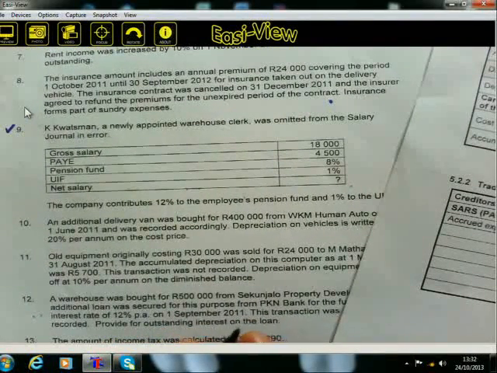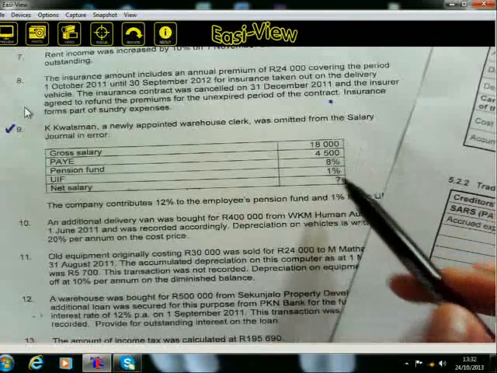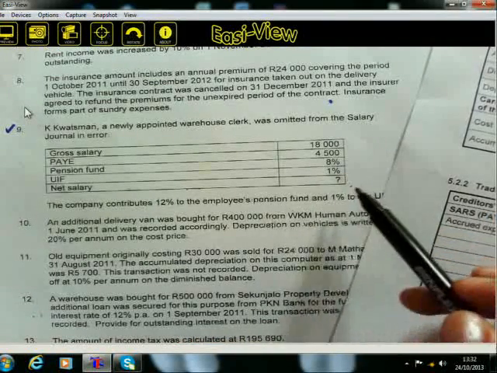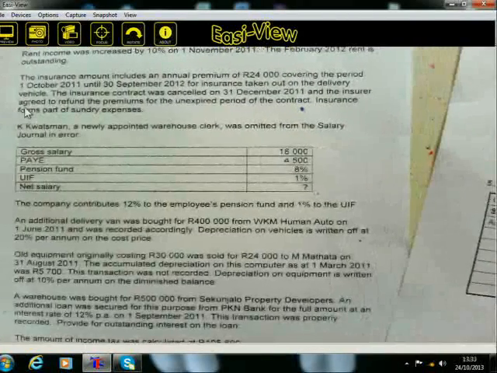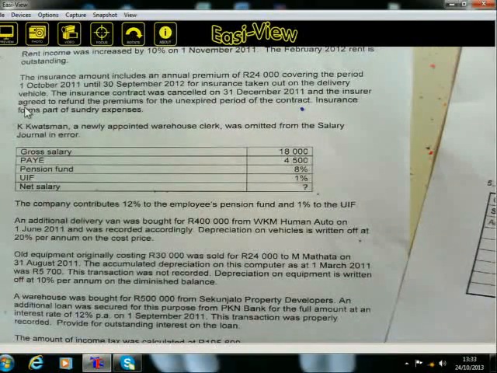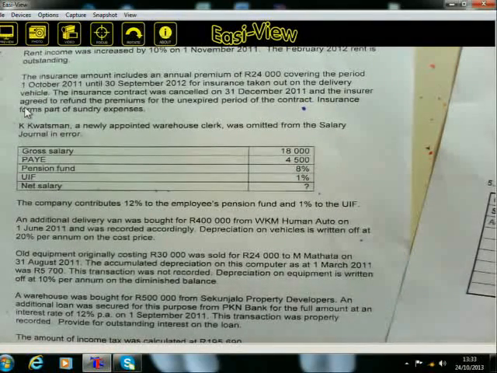Now the pension fund is 8% of the gross salary, the UIF 1%. Then you'll have to look for the net salary. So in this case, for us to calculate the pension fund, we say 18,000 times 8%.